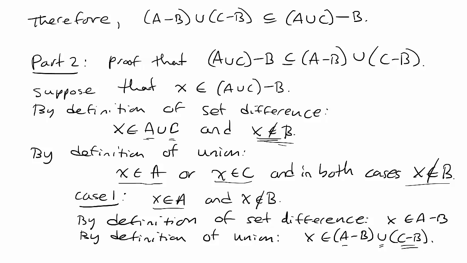Because like we mentioned before, if we're doing a union, for it to be a true statement, X only needs to be in one or the other, or both. And we already know that X is in the set difference between A and B. So you can put union anything else. And the reason why we're picking out the set difference between C and B is because this is what we're trying to get to. And that's the part I was missing.